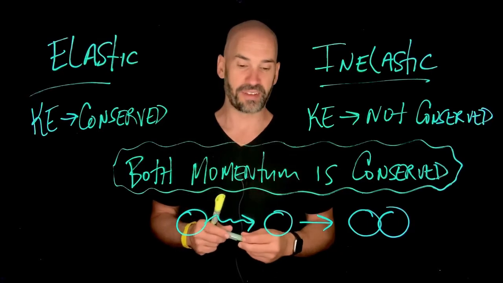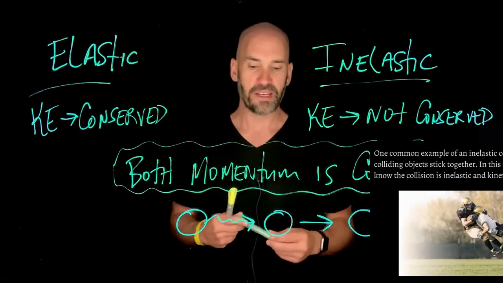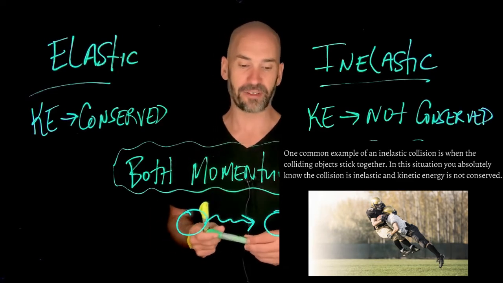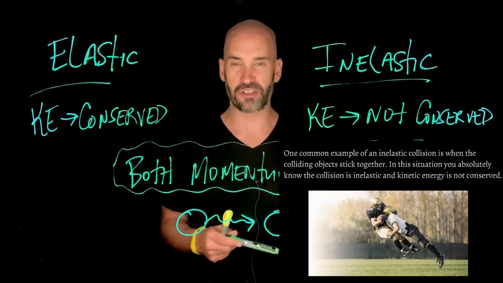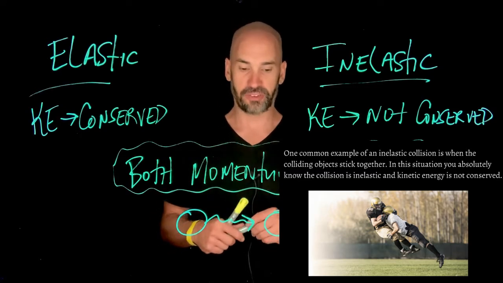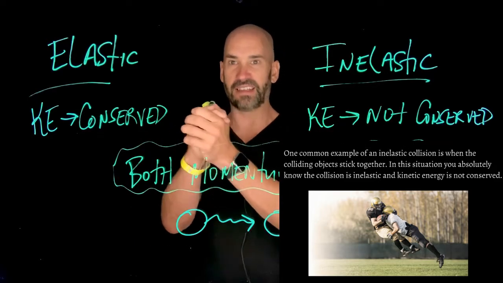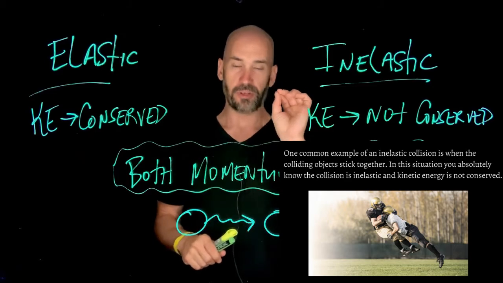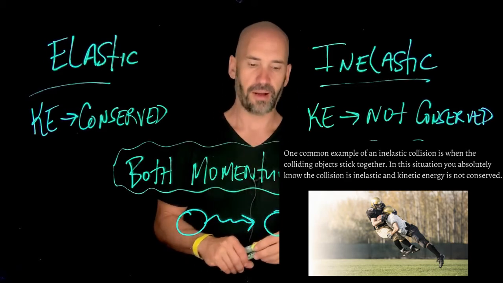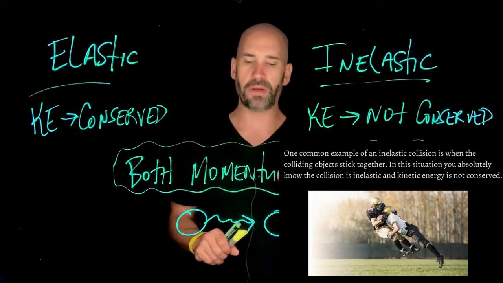As you can see in this one example on our slides, it says one common example of an inelastic collision is when the colliding objects stick together. In this situation, you absolutely know the collision is inelastic and kinetic energy is not conserved. It shows this example of two football players barreling and then sticking together and falling to the ground. That is a collision you can be sure is inelastic. I bring up this specific example because I feel like they show up quite a bit.